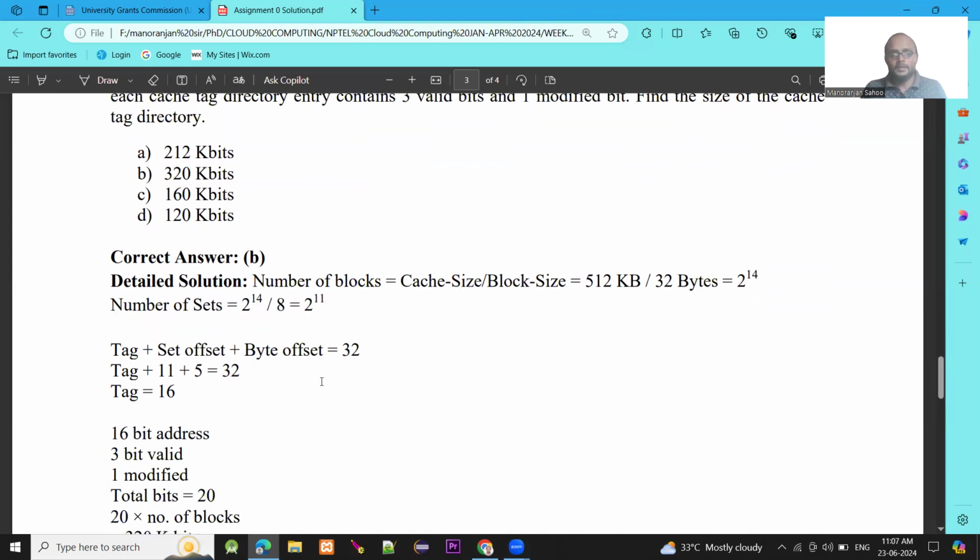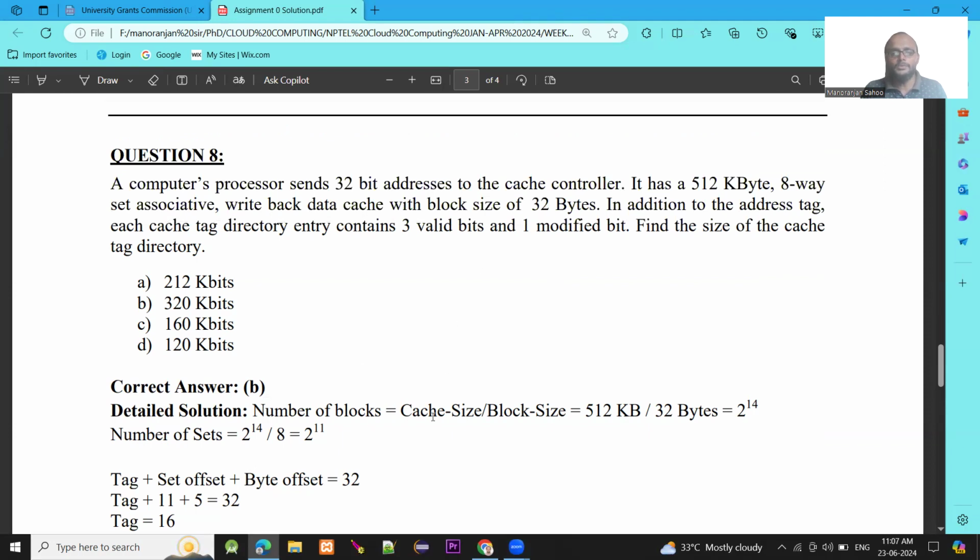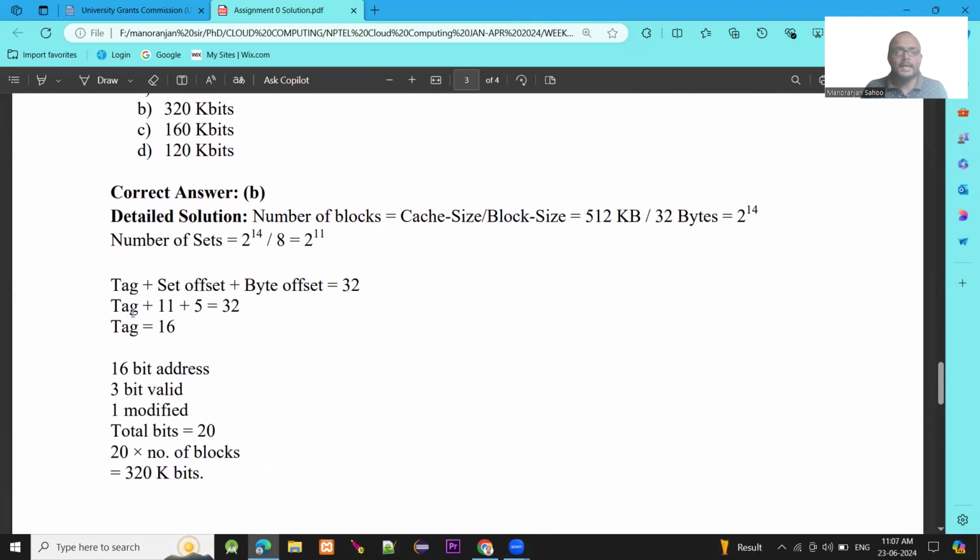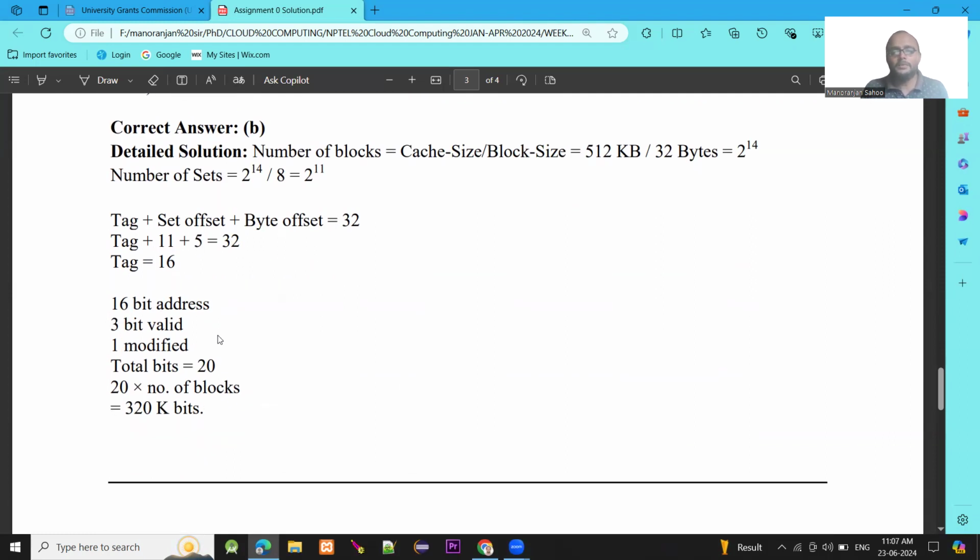Okay. Then tag plus set offset plus byte offset equals how much? 32. So the set offset and byte offset are 11 plus 5 equals 16, then what is the tag? 32 minus 16 equals 16. Then what do we find?